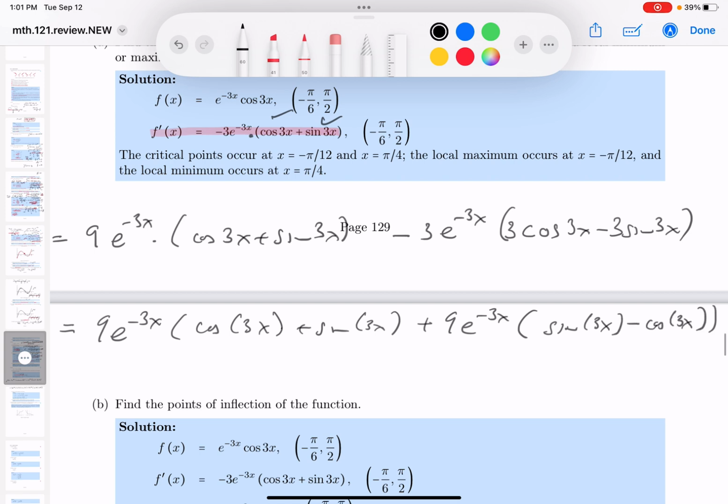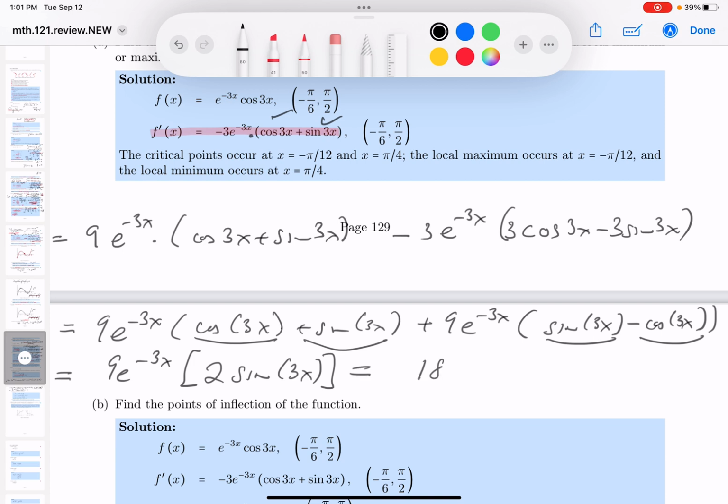All right? And then I kind of factor out 9 e to the minus 3x here. And you'd have cosine 3x minus cosine 3x. They disappear. And then you get 2 of these guys over here. I'm going to simplify that and write that as 18 e to the minus 3x times sine of 3x.